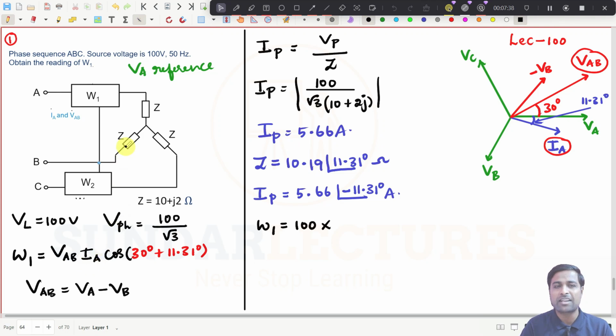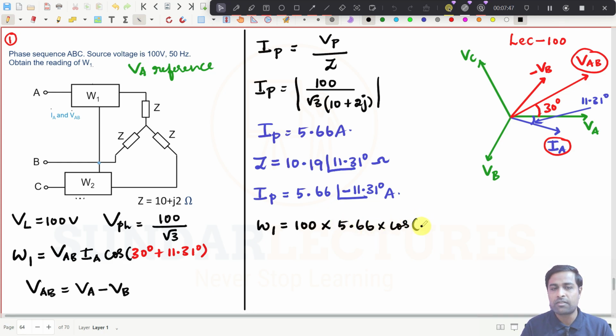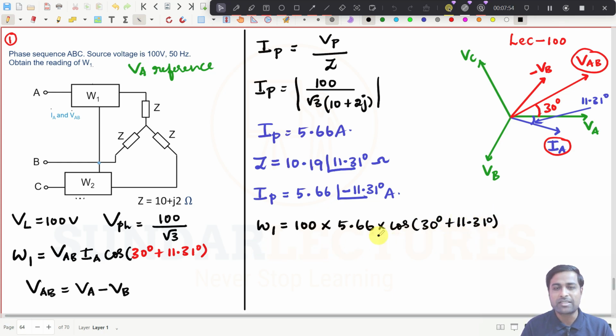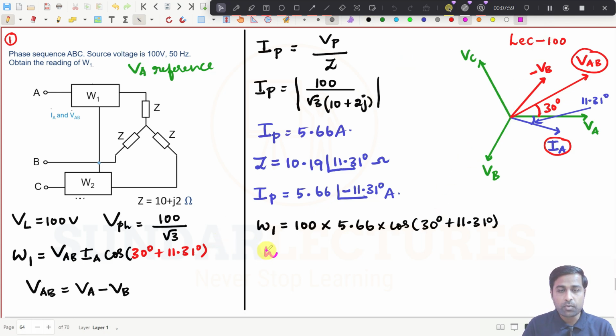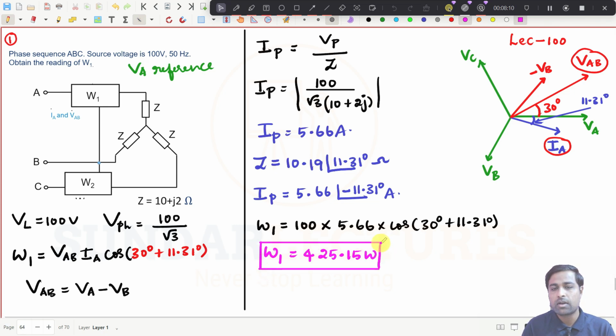Line current and phase current are equal in the star connected system. So this value is 5.66 multiplied by cos of 30 degrees plus 11.31 degrees. If I simplify this, I get W1 equal to 425.15 watts. This is the value I am getting.